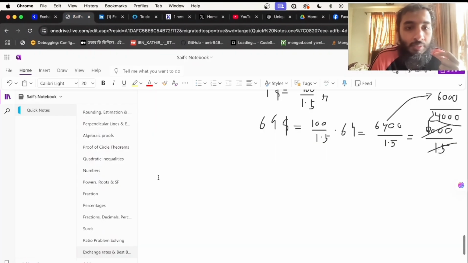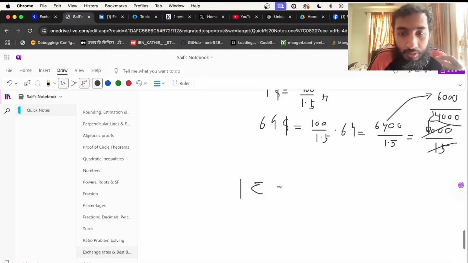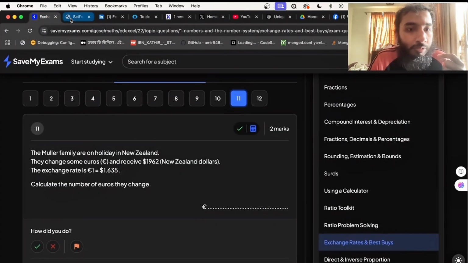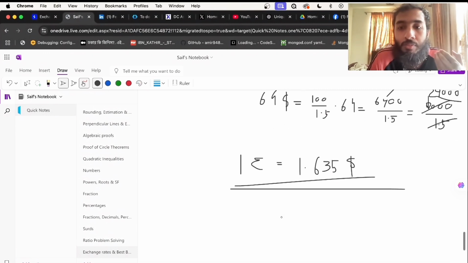So the information given here, if I use my pen tool, is 1 euro is 1.635 New Zealand dollars.